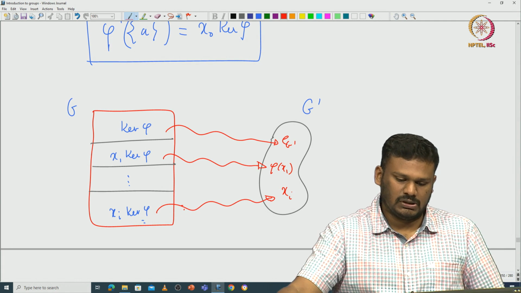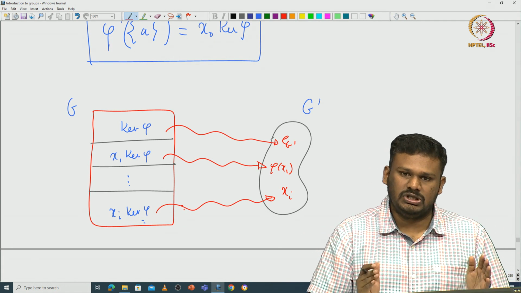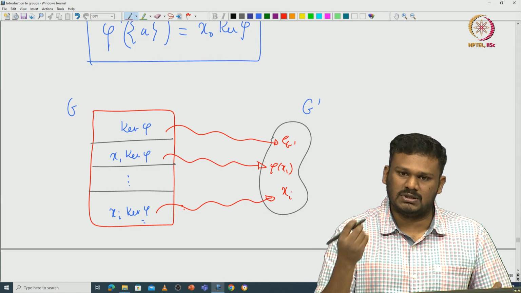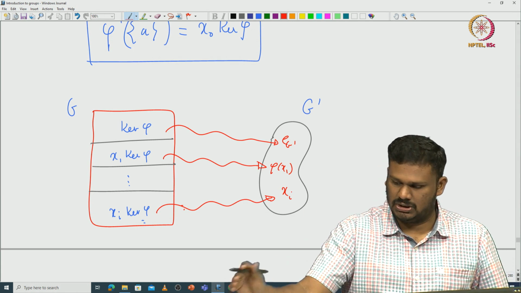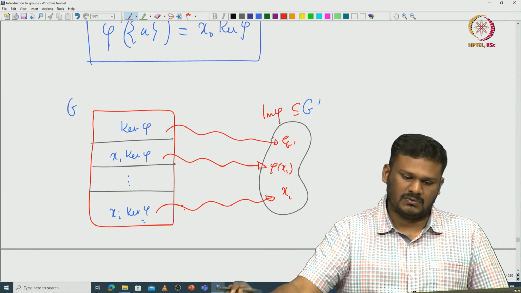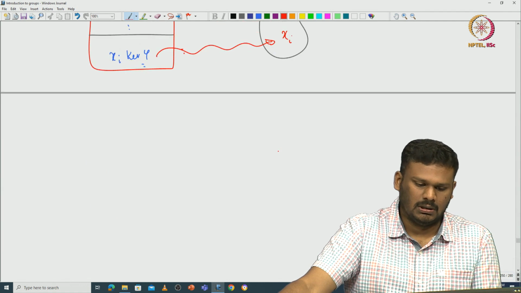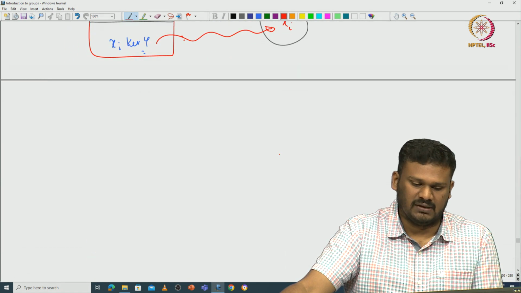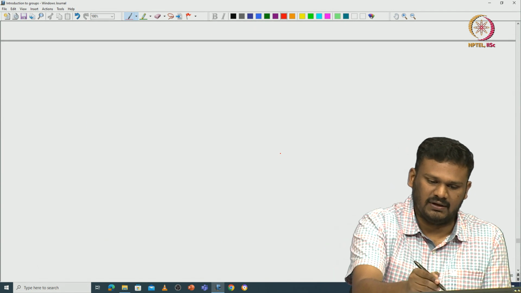So this indeed tells you that you are partitioning G into smaller cosets, and each coset is mapped to some unique element in G dash, or the image of phi. So this already tells you that if you go modulo the kernel, then we must have an isomorphism. Okay. So let us verify that.